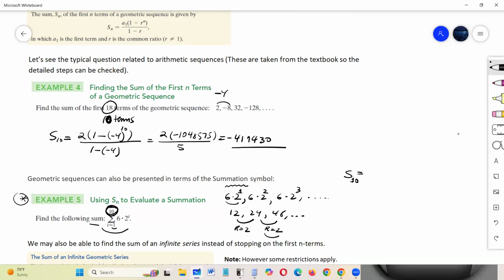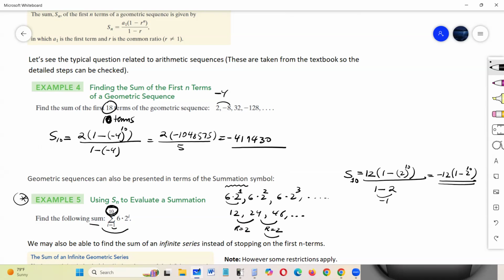Right? 6 times 2 to the 1, 12. 12, times 1 minus the ratio, which is 2, to the power of n, divided by 1 minus the ratio, which is positive 2. Okay, so obviously this is -1, so I'm going to get -12, times 1 minus 2 to the 10th.